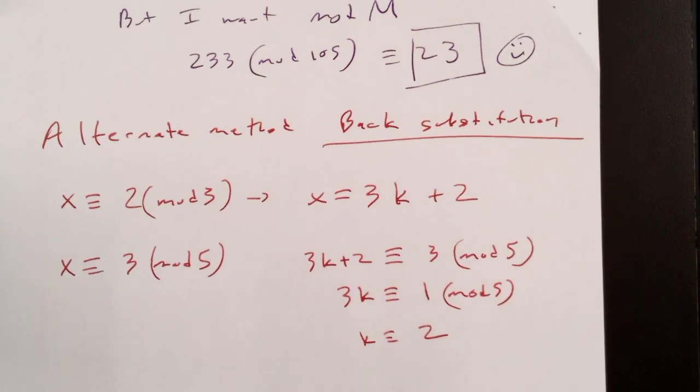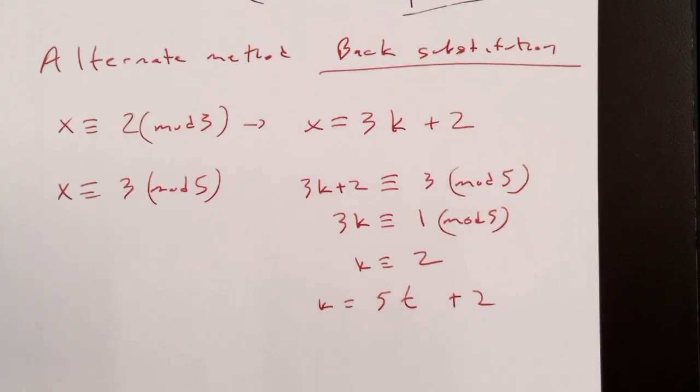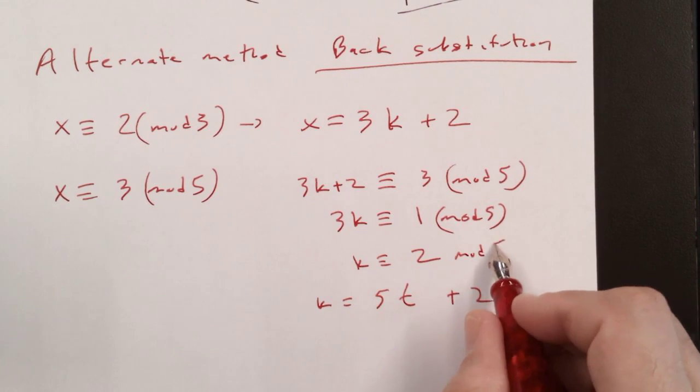3 times 2 is 6. 6 mod 5 is 1. That worked. So K is 5 something else with 2 left over. Because there's a mod 5 here.